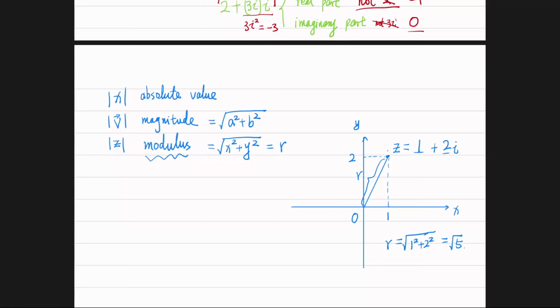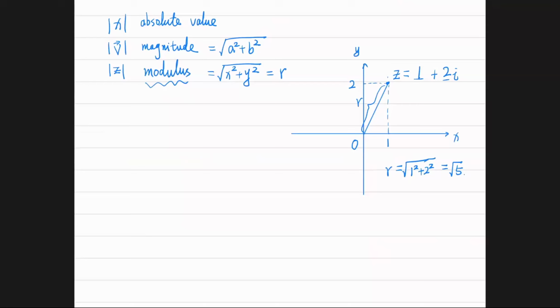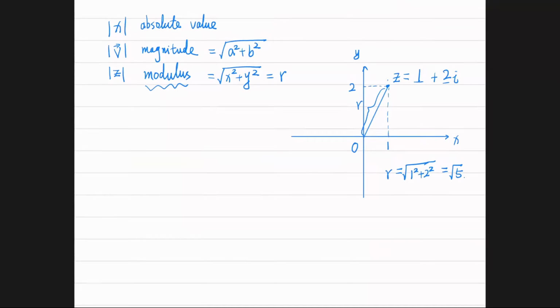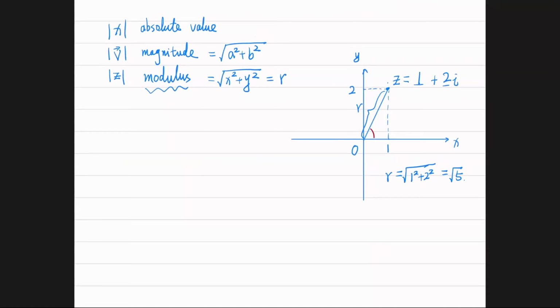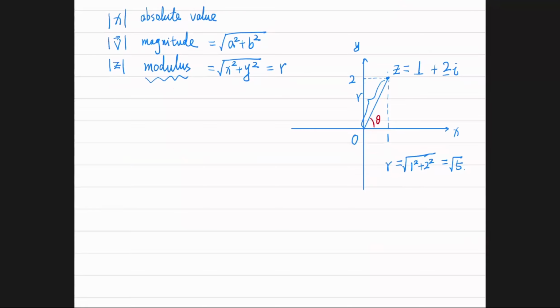When you say absolute value, we're talking about real numbers. Okay, so we have the magnitude. We have another geometric object, this angle. We call this the argument.